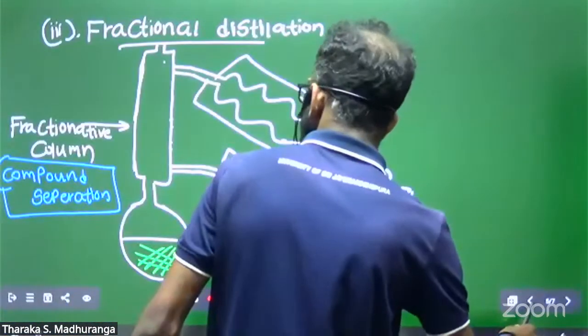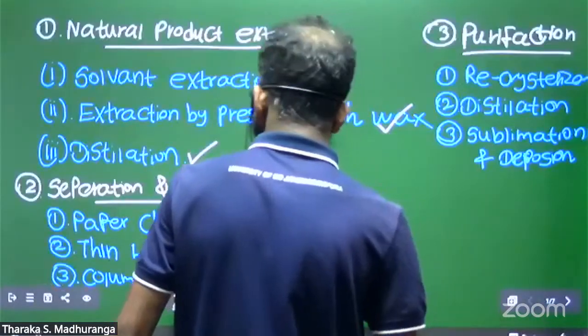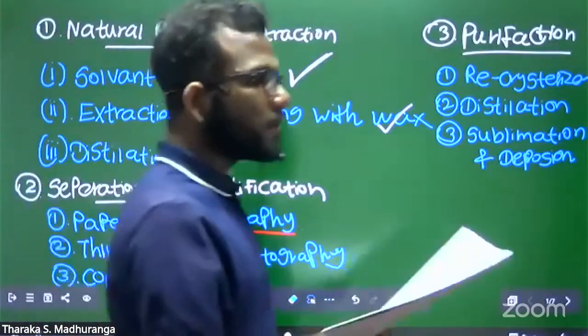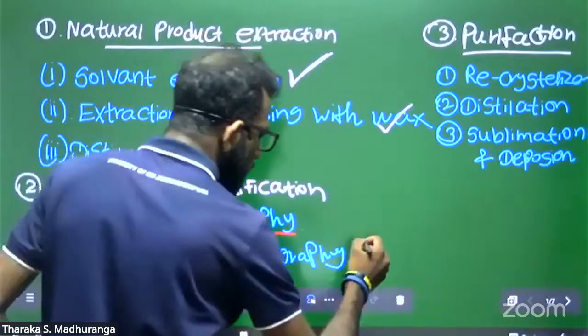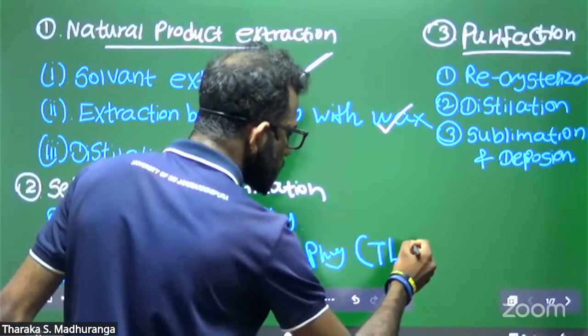There are three main types of chromatography techniques. Note down. The first one is paper chromatography. The second one is thin layer chromatography. Within brackets, write down and highlight TLC method.